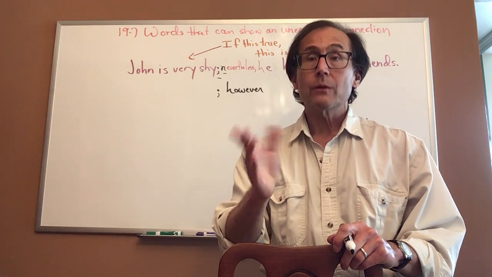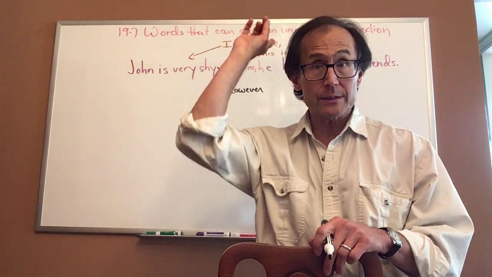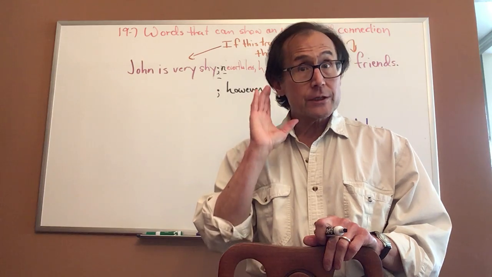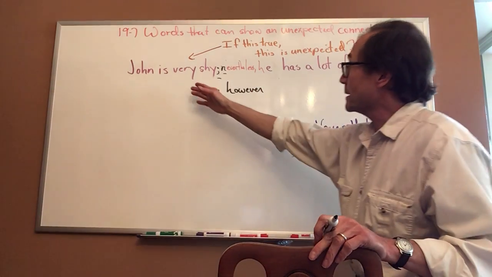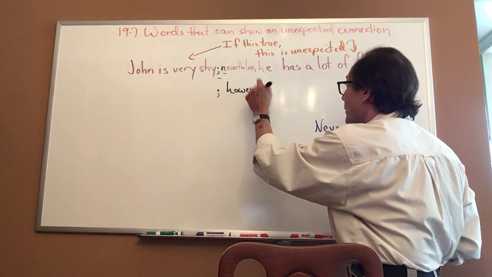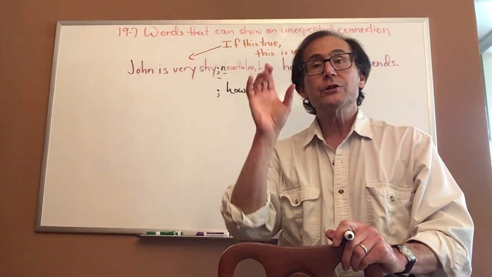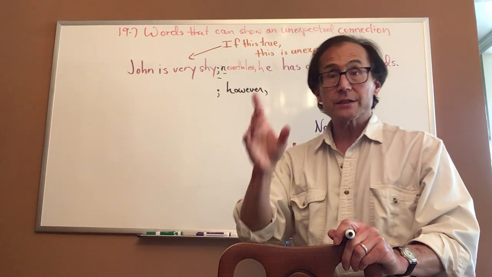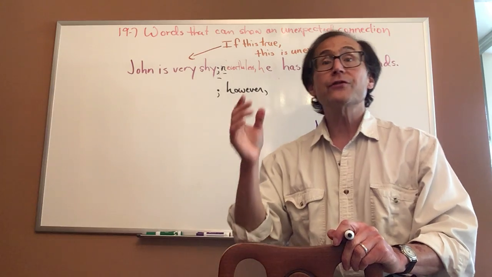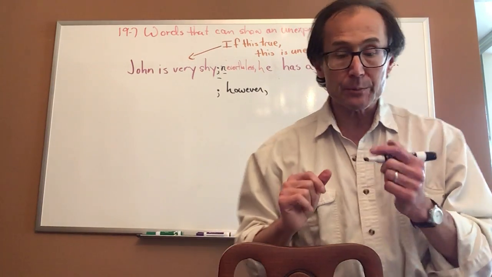However, we're going to see, can have another use besides showing that something is unexpected. And so, however can show it's unexpected, and if I say, John is very shy, semicolon, however, comma, he has a lot of friends, that is fine, but you can also use the words still and anyway with however, if you want to make it really, really clear that this is unexpected.